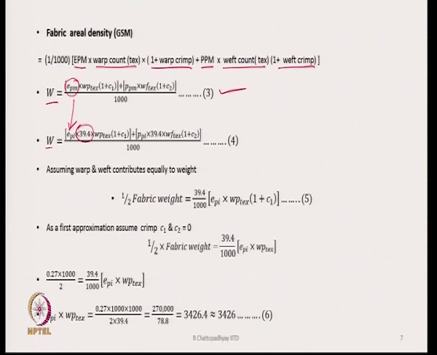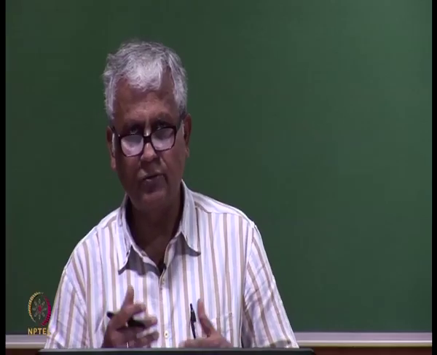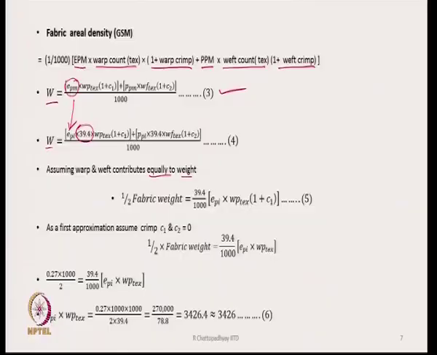Now, let us assume that the warp and weft contribute equally to the weight. That means, it is a fabric where warp density and weft densities are exactly same, and they are also made from the same yarn. Therefore, half the fabric weight is going to be how much? 39.4 by 1000 EPI WP TX and 1 plus C1.